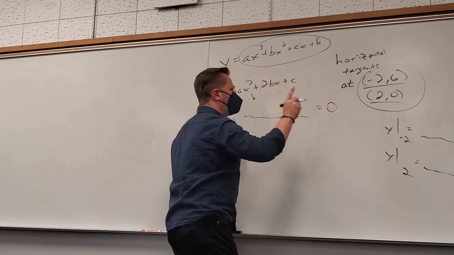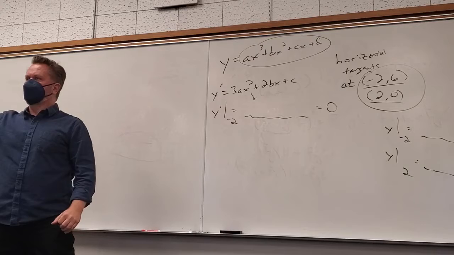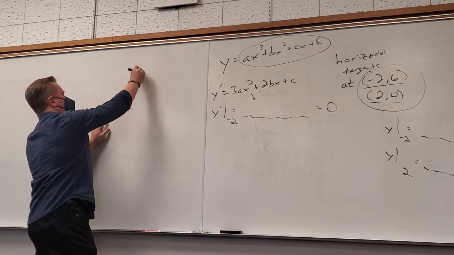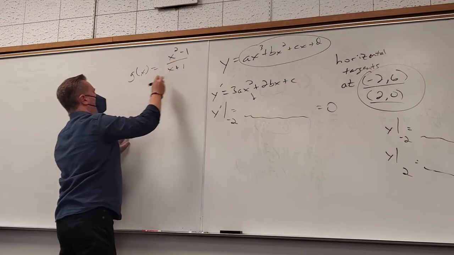So this is where some of you are just so loose with your notation. I'm desperately trying to get you tighter on that. You can't have g of x. Can anyone tell me what I've done wrong here?